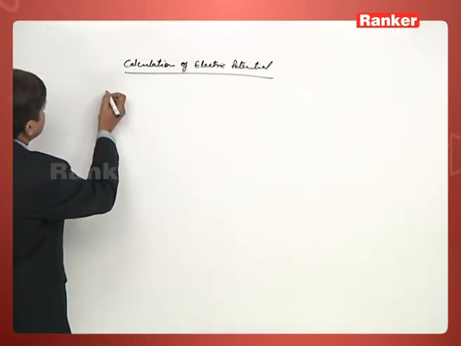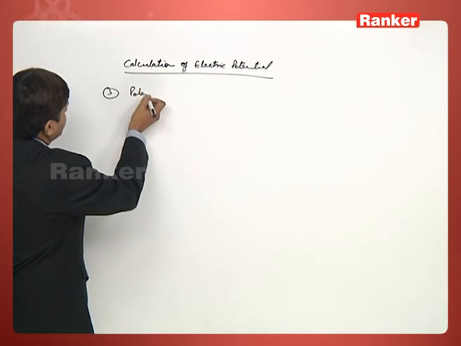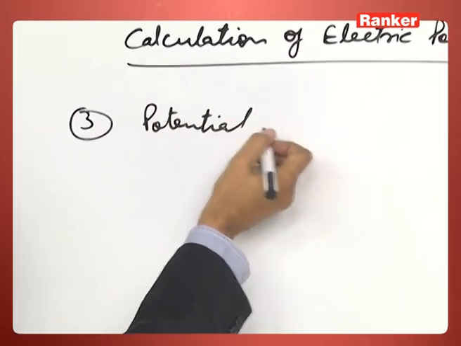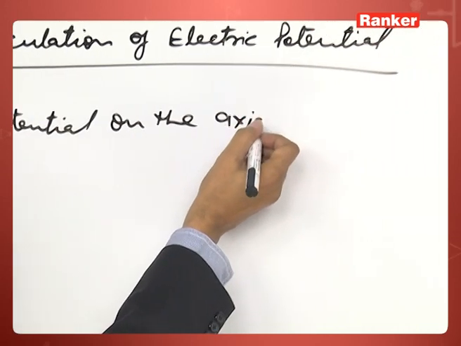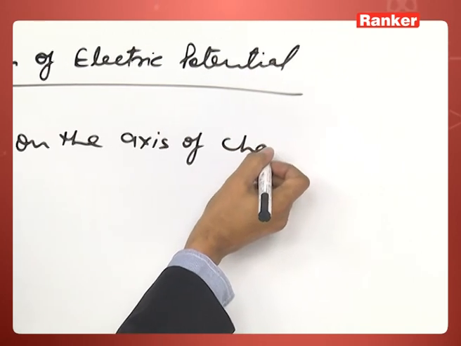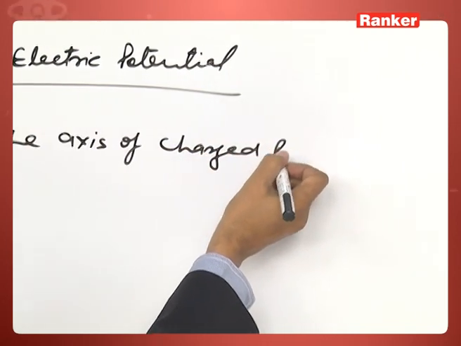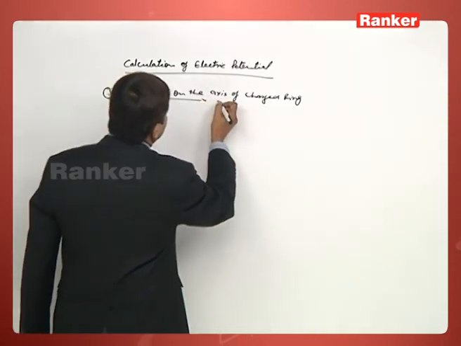Now, next is the potential on the axis of a charge ring.